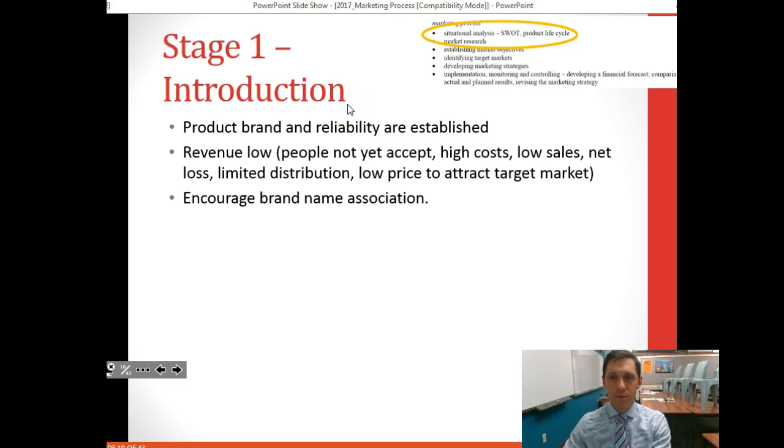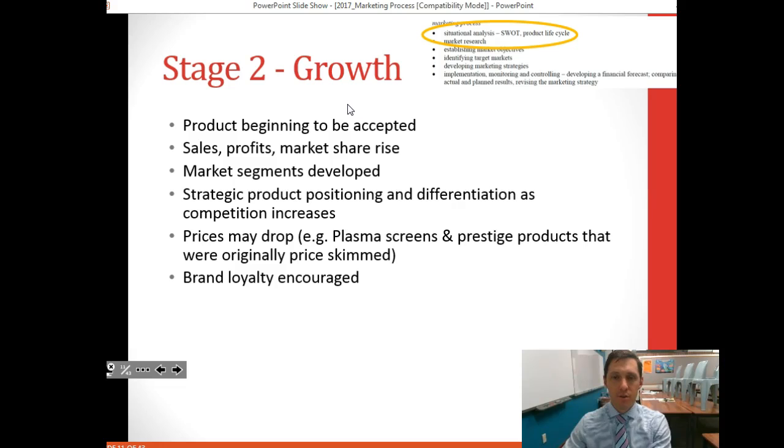As a business moves through its life cycle, it moves from the introduction stage to growth. So the business then starts to experience things such as the product beginning to be accepted. Sales, profit, market share, hopefully, are beginning to rise, and that is representative of the growth phase. New market segments or additional market segments are developed, and that will make more sense when we get into market segmentation. Strategic product positioning and differentiation becomes apparent as the competition increases.